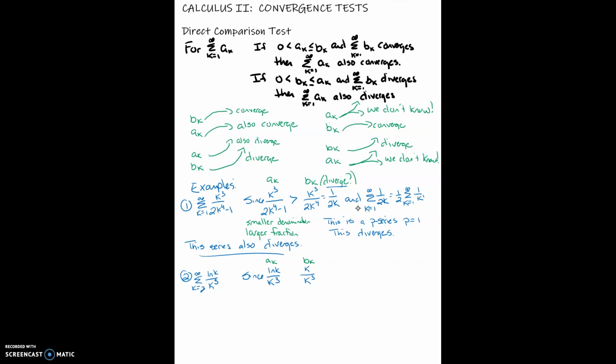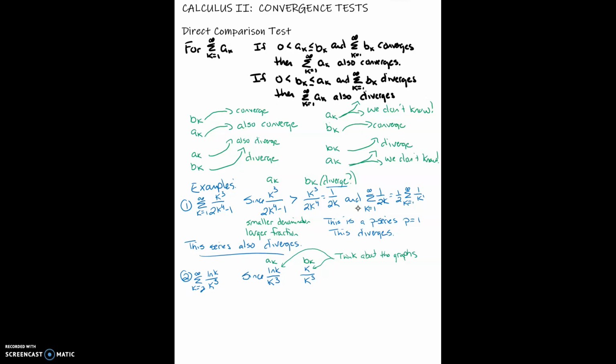In this situation, looking at just the numerators, I want you to think about those graphs. You'll notice that eventually, as k gets really large, the graph of natural log of k versus the graph of just k, k actually ends up being larger, right?